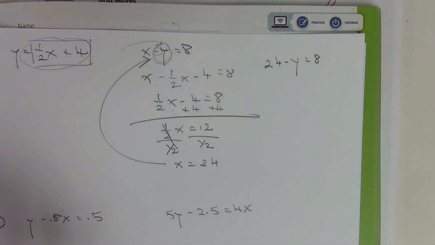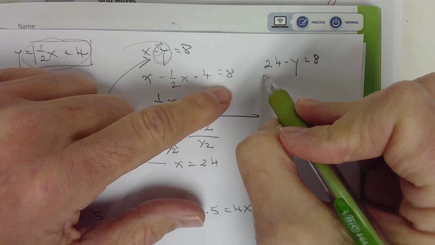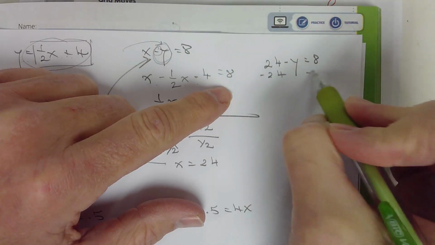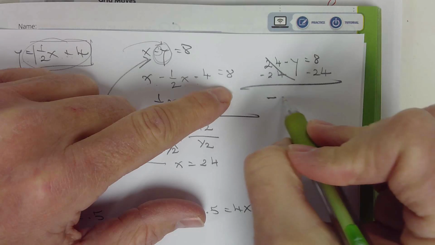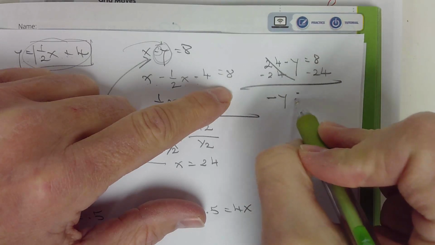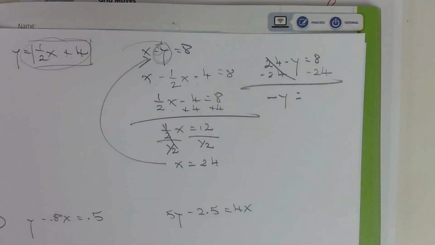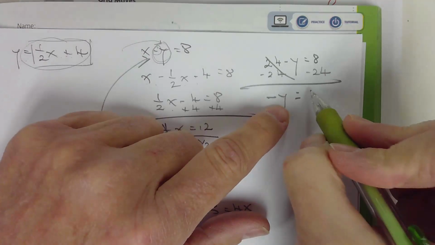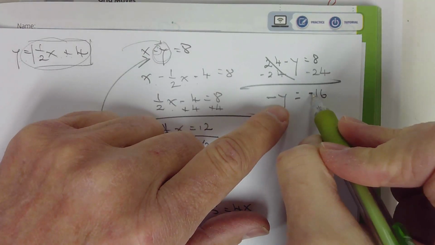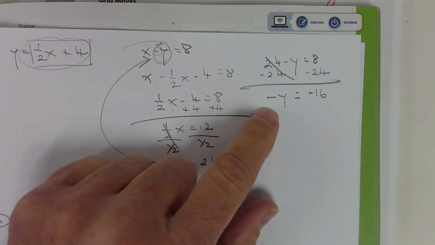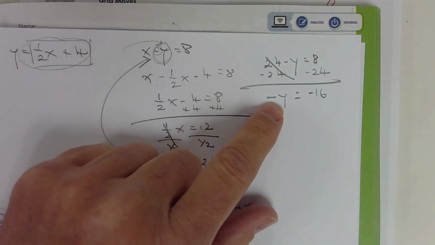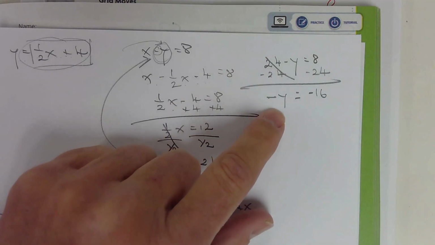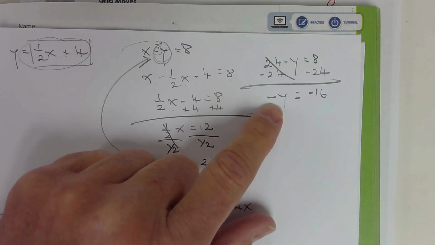I'm going to get y by itself, so I'm going to subtract 24 on both sides of the equation. They cancel out, so I'm left with a negative y equals what? A negative 16. Now, when you finally get where you're done, but the variable is negative, and I think I've mentioned this before, you don't want to leave it that way.